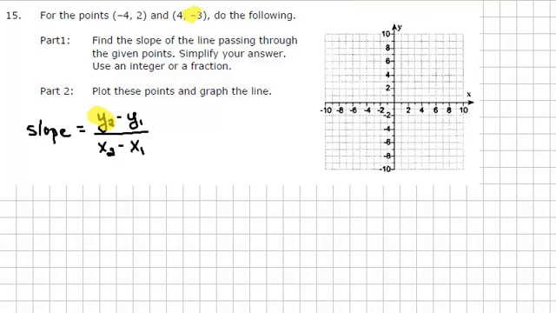y1 represents the y-coordinate of the first point. The y-coordinate of the first point is the number 2. x2 represents the x-coordinate of the second point, and x1 represents the x-coordinate of the first point.